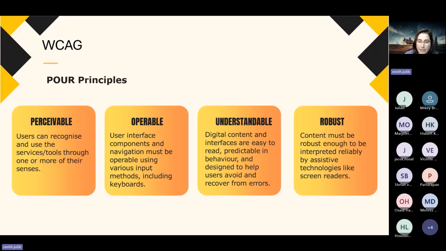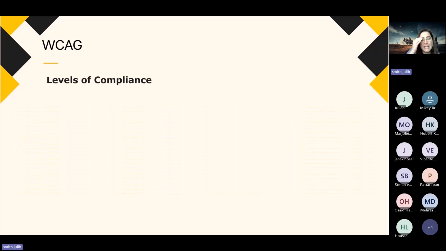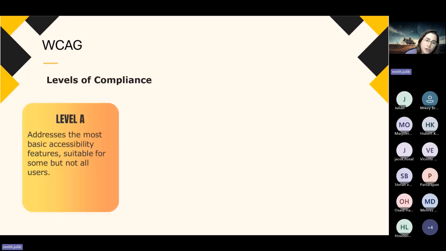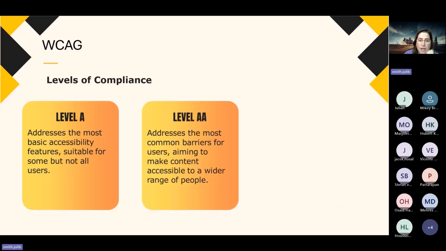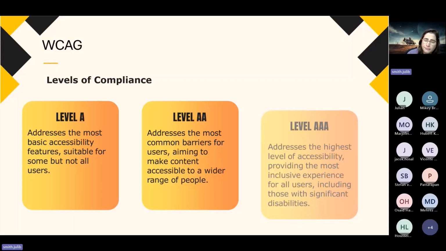In terms of levels of compliance, we have level A that addresses the most basic accessibility features, so it's suitable just for some users. We have level AA that addresses the most common barriers for users, and it aims to make digital content accessible to a wider range of people.